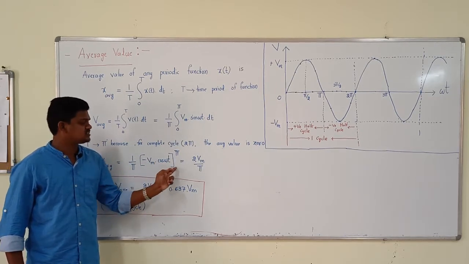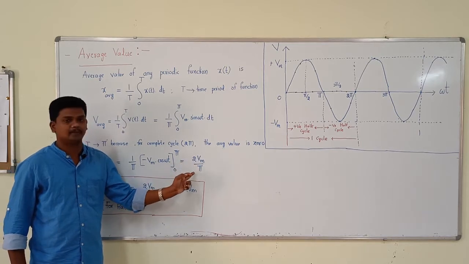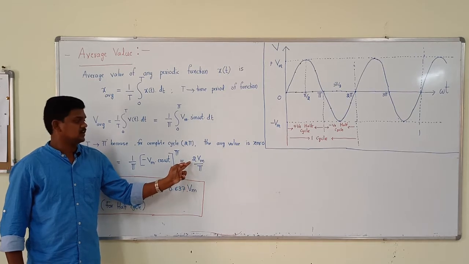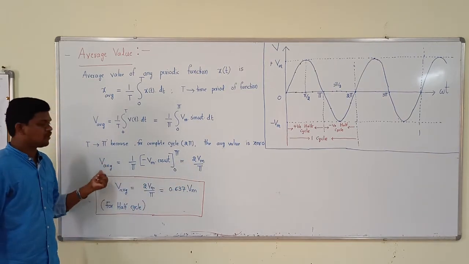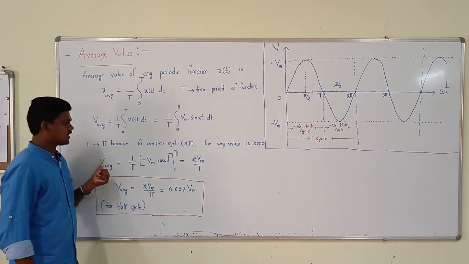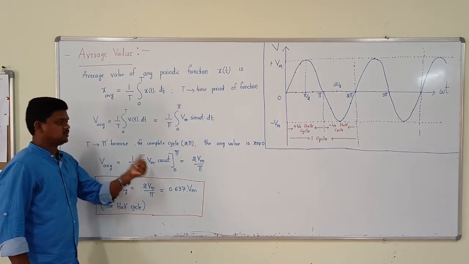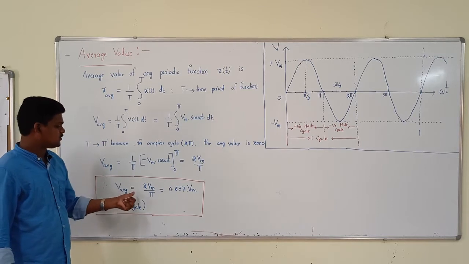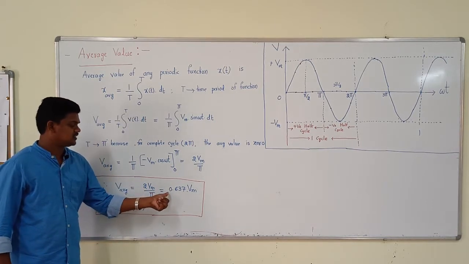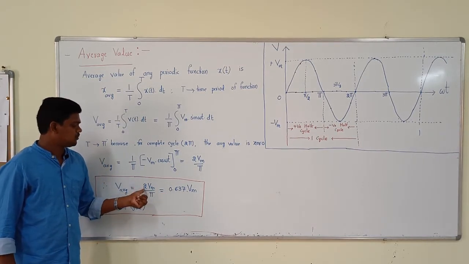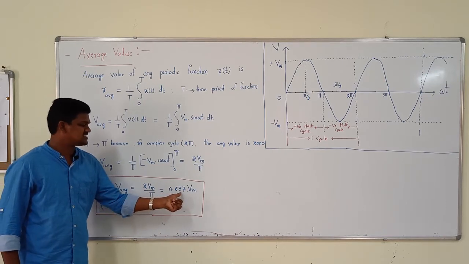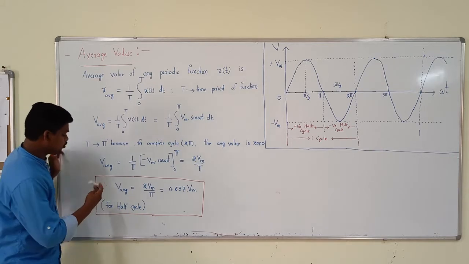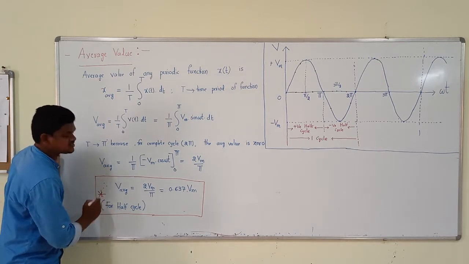If you simplify this directly, you will get 2 Vm by pi. For a sinusoidal waveform for half cycle, the average value of the voltage, or the average value of the current, will be the same thing. Finally, V average equals 2 Vm by pi, that is by doing 2 by pi we will get 0.637 Vm. This is about the average value, but the most important thing is that it is for the half cycle.